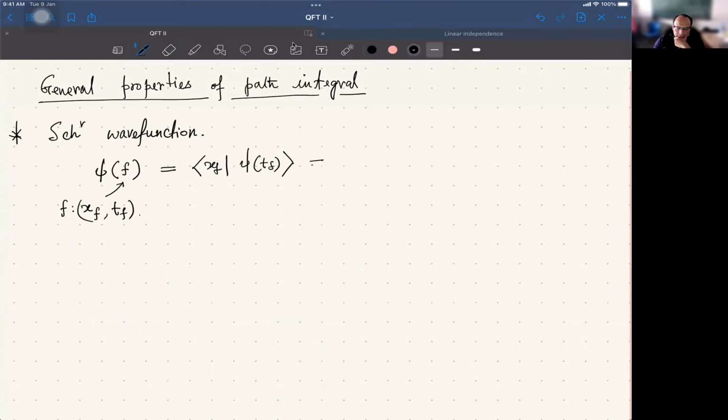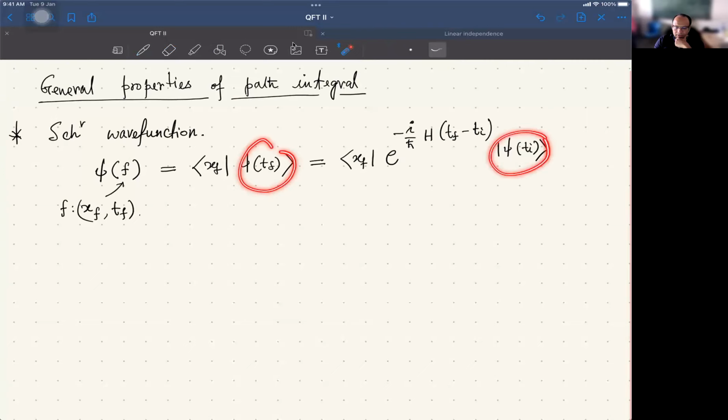And then you can use the time evolution operator to write it as x_f e to the power minus i by h bar H (t_f minus t_i) psi t_i. So I have expressed psi t_f in terms of psi t_i using this time evolution operator.